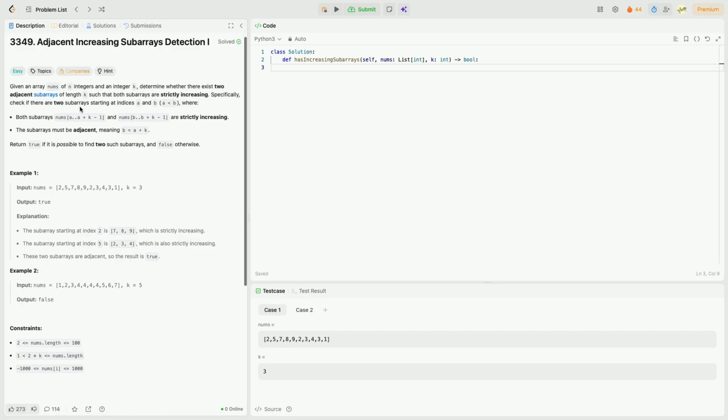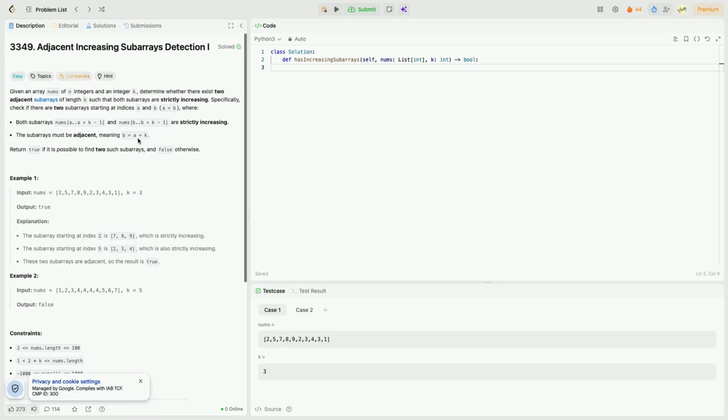Right, so let's just dive into this problem. We're given an array nums of n integers and an integer k, and we should determine whether there exist two adjacent subarrays of length k such that both subarrays are strictly increasing.